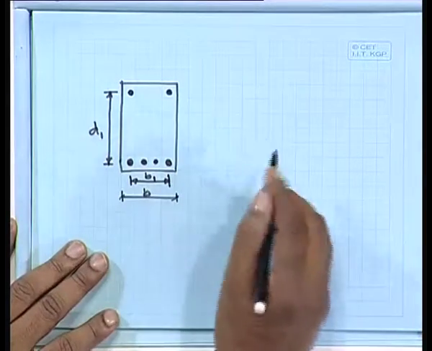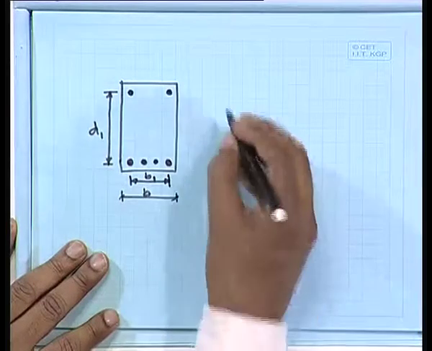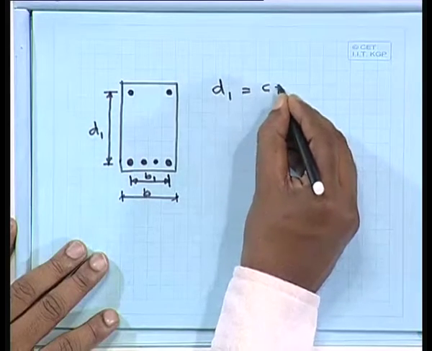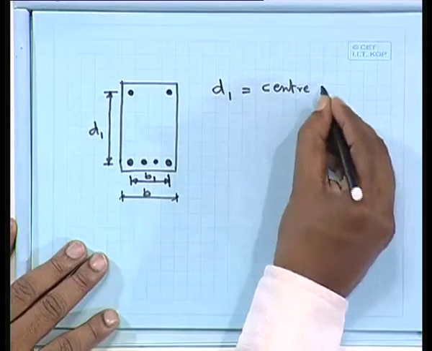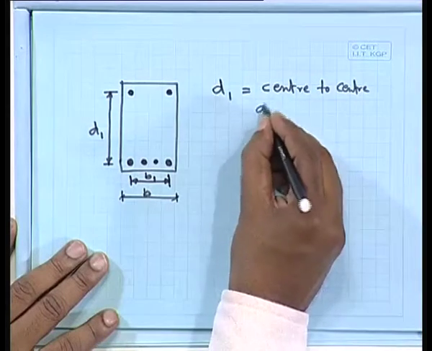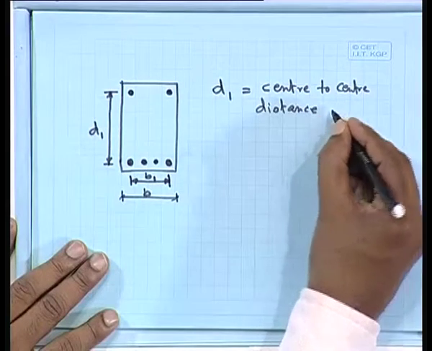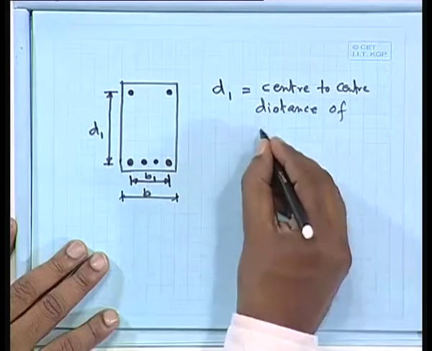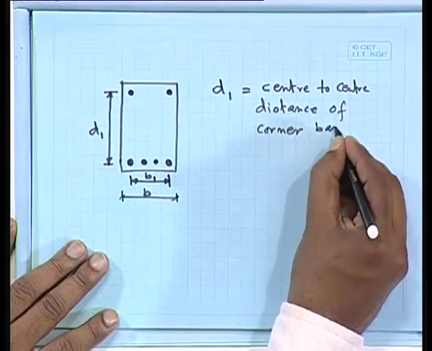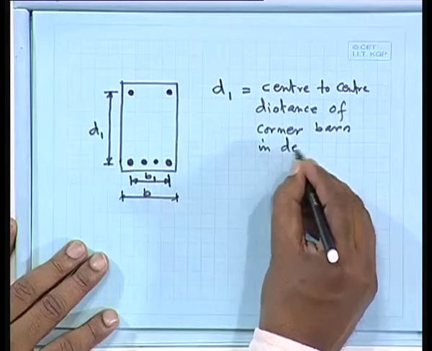So, center to center distance of corner bars in the breadth direction. Let us write down for d1 also. d1 will be, in similar fashion, the center to center distance of corner bars in the depth direction.